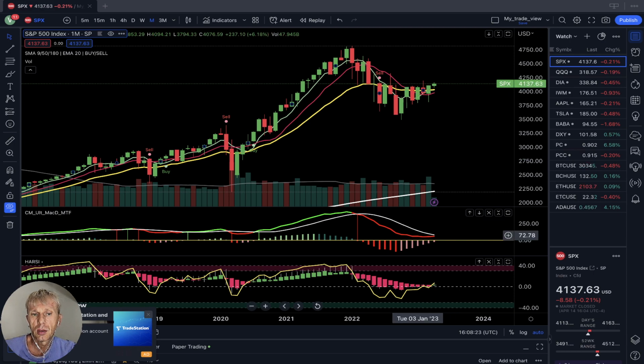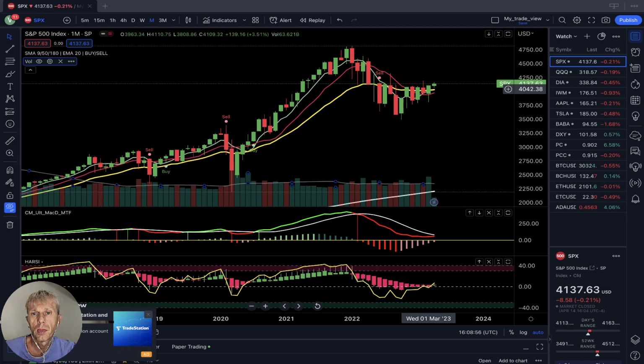MACD is still red, still bearish. Heikin-Ashi has already changed color from red to green, so it's positive too. On the monthly time frame, it is positive on two indicators and bearish on one. We'll see. Last month the volume was very high. But so far this month we haven't moved much relative to the previous two months.